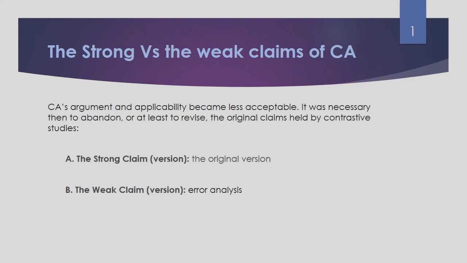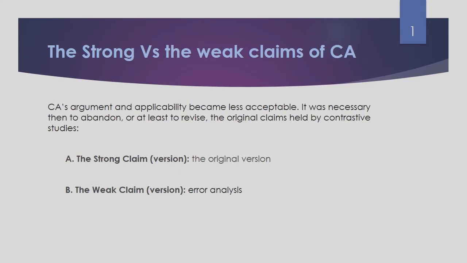CA can be referred to in order to explain some observed errors, not all of them. Wilkins supports this vision by asserting that prediction is an extraordinarily difficult thing. He attaches greater importance to the actual or the real performance of the learner by saying that contrastive analysis should be carried out to provide a linguistic explanation for known errors rather than a predictive procedure.